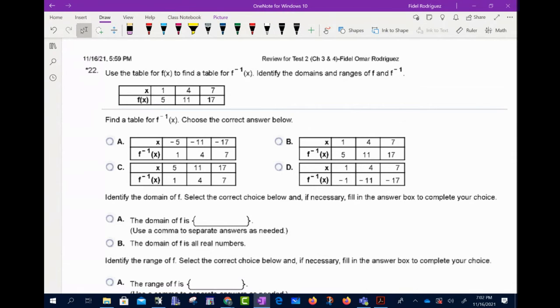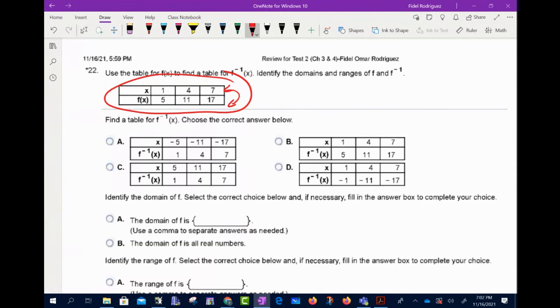So all I'm going to do is I'm going to look at this table right here, and all I really want to do, y'all, is switch the x values and the f of x values. So if it's 1, 4, 7 and 5, 11, 17, then if you just flip them, the first one should be 5, 11, 17, and the second one should be 1, 4, and 7.